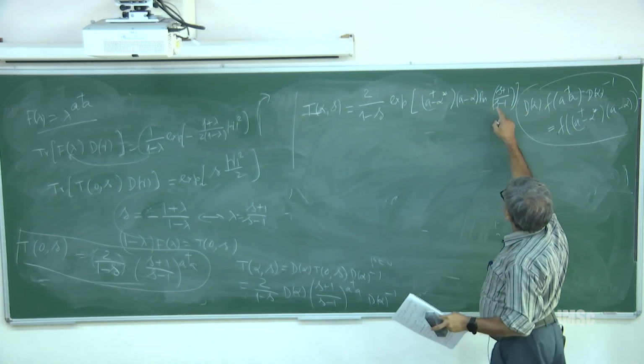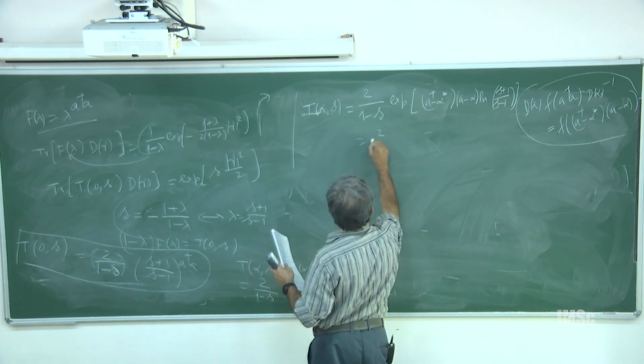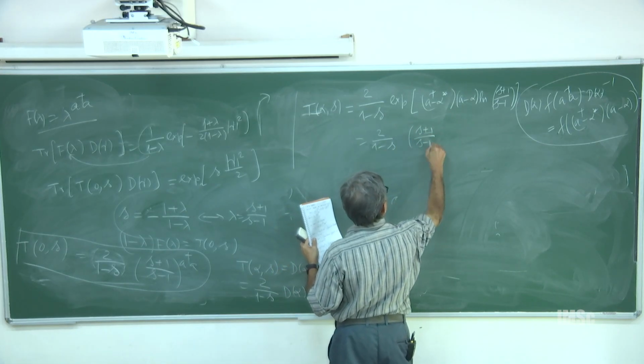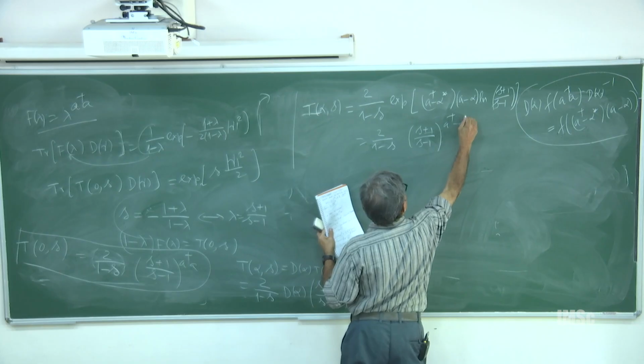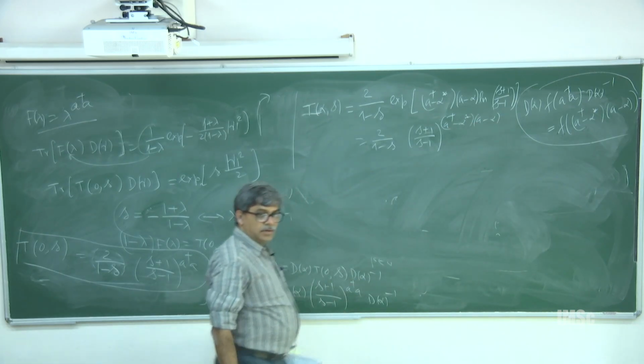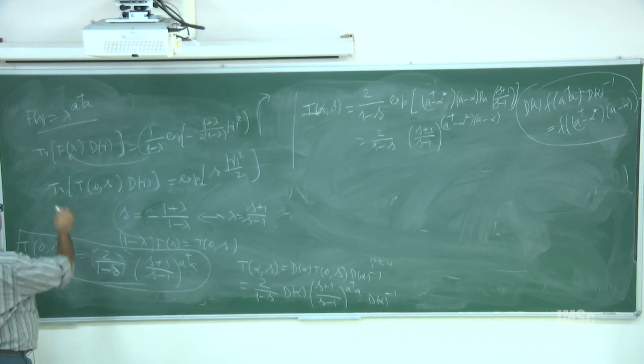This means you will have to take, this is nothing but (s plus 1 by s minus 1) to the power (A dagger minus alpha star) times (A minus alpha). So, this is the operator T of alpha s that you get. This kind of trick we need to use occasionally. So, that is why this example was very useful.